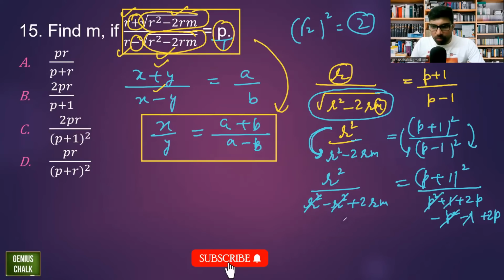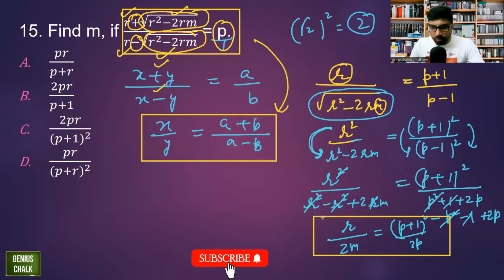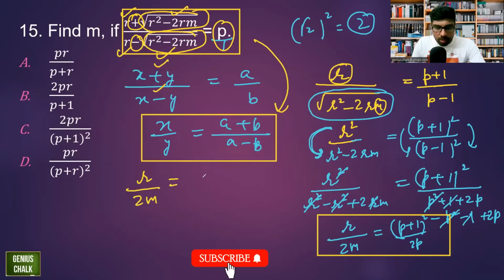So now r is cancelled with this. So r by 2m I'm getting is p plus 1 whole square by 2p. This is what I'm getting now. So r by 2m is basically p plus 1 whole square by 2p.